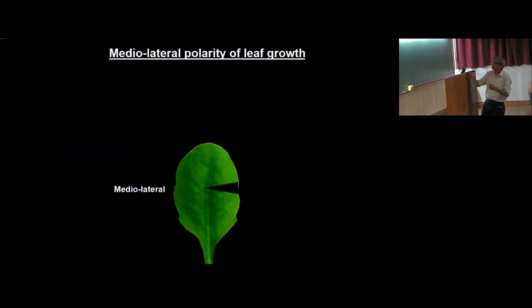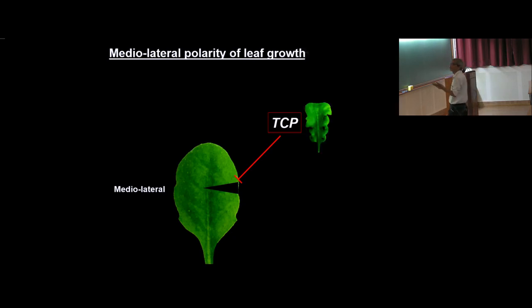So what you can conclude from here is that there is not only a growth gradient along this axis, there is a growth gradient in the medio-lateral axis as well. And there are some genes which are suppressing growth in the periphery. If you mutate that, there will be more peripheral growth, and that will give rise to a negative Gaussian curvature.